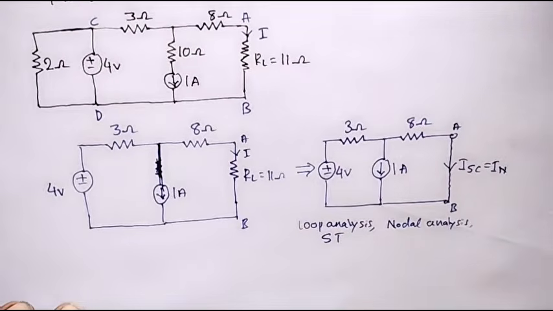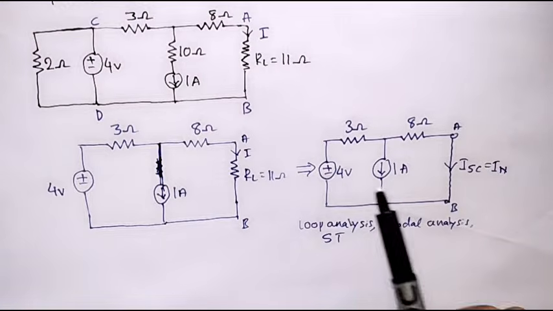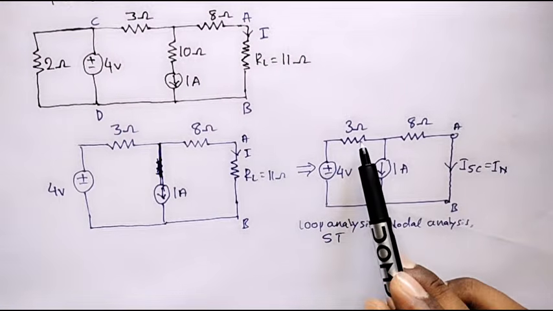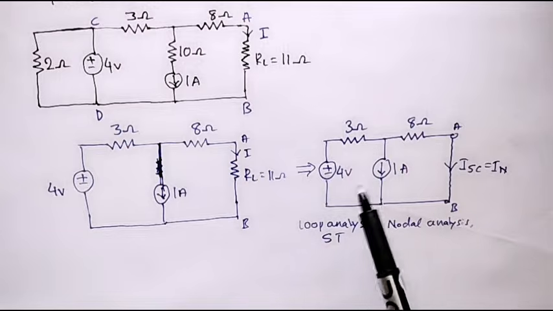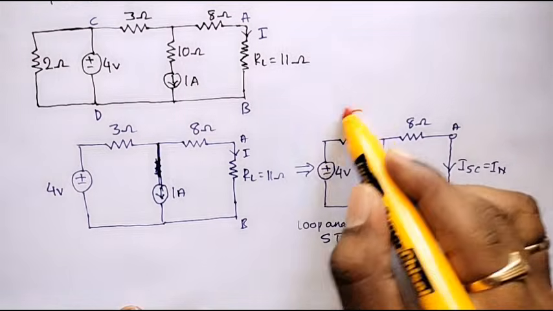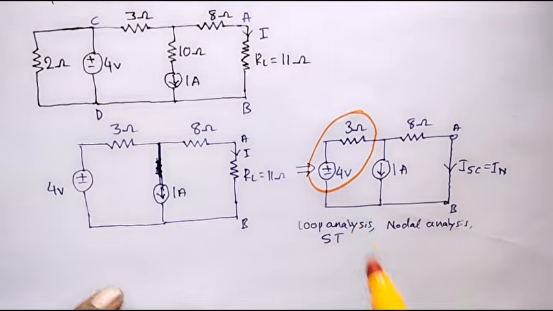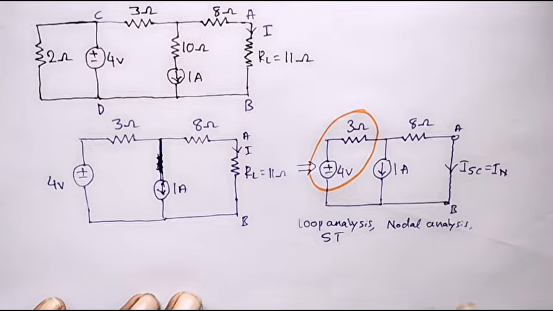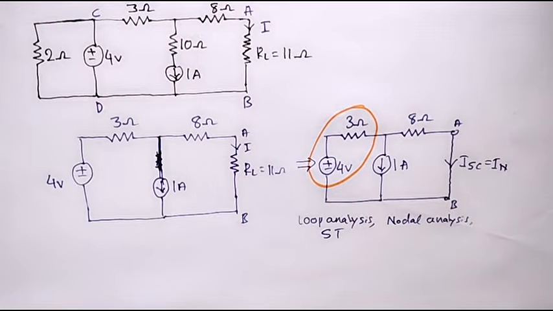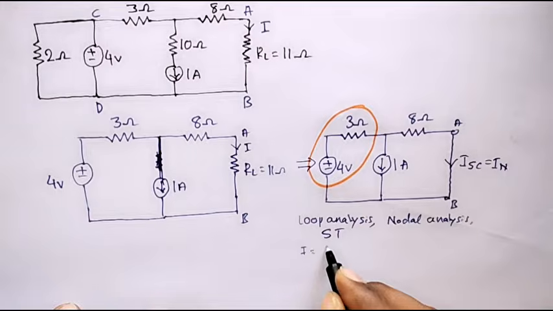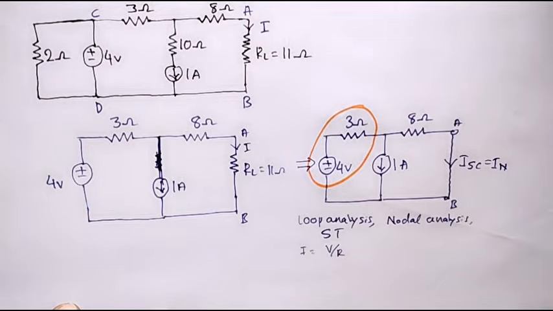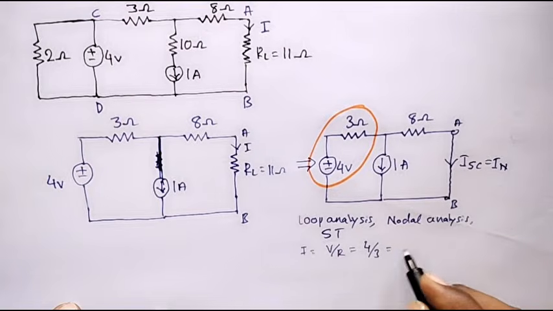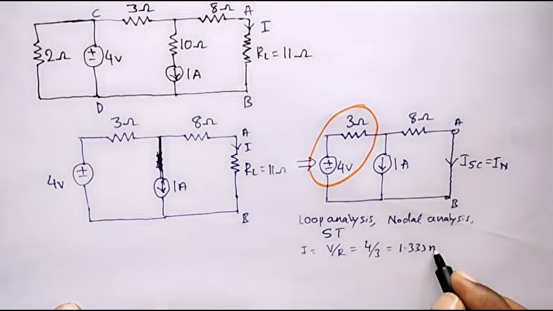So here in this circuit, a voltage source is in series with a 3 ohm resistor. We'll try to convert this voltage source into a current source by applying source transformation. So now I am supposed to find the magnitude of the current source, that is I is equal to V by R. Here V is 4 and the resistor is 3. That is 4 by 3, which is 1.333 amps.